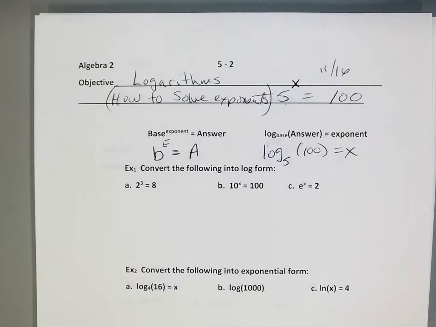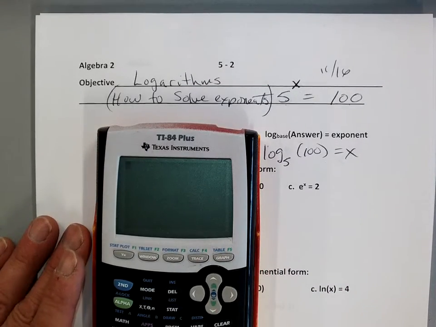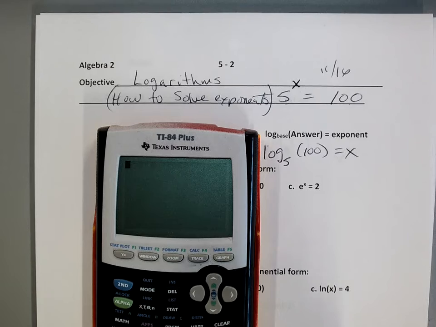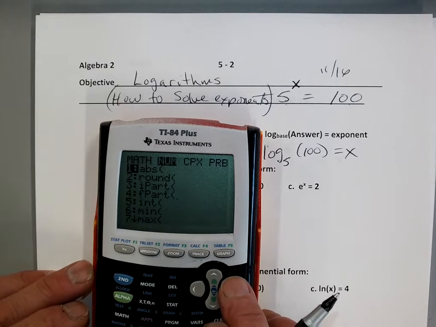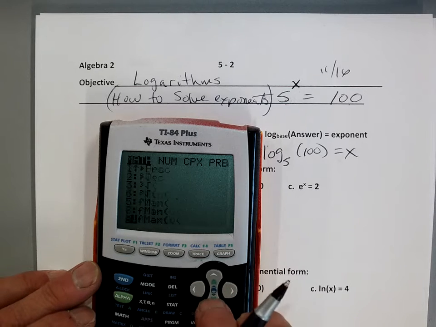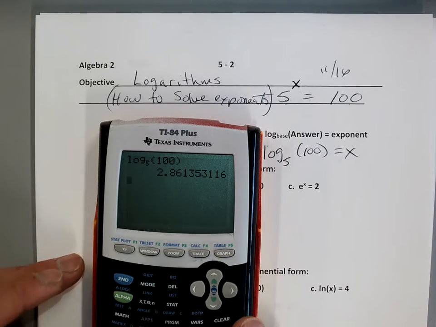Now some fancy calculators will actually do that for you. I think I've got a fancy one around here somewhere that will do it. If I go on my calculator, just showing you, I go math, number, there it is: log base 5 of 100, boom, 2.86.